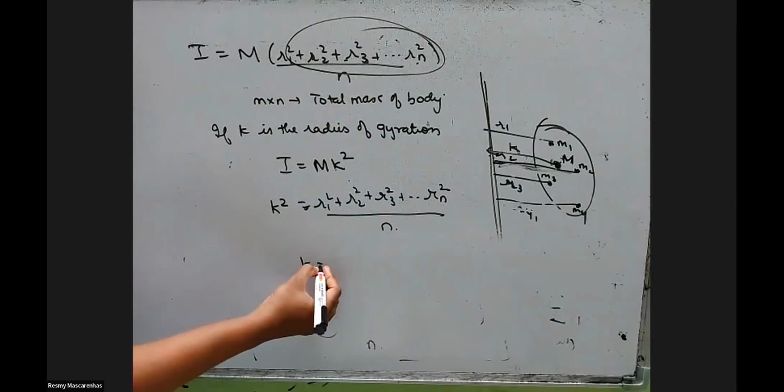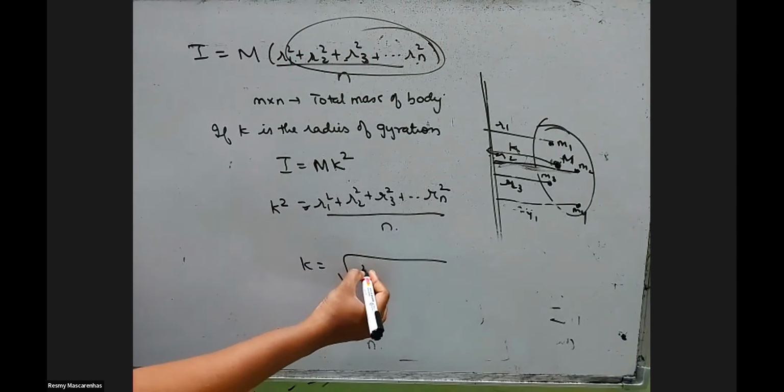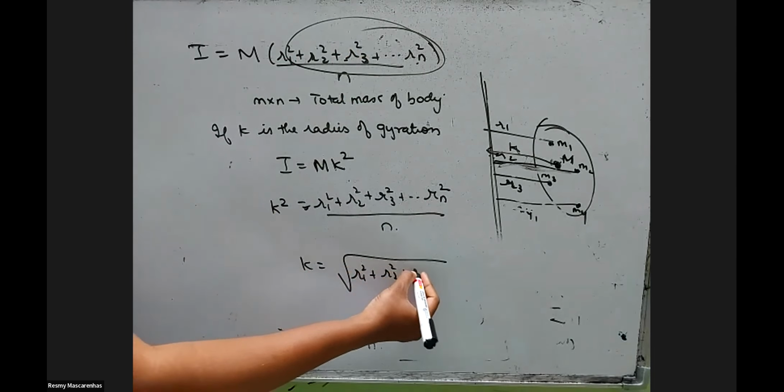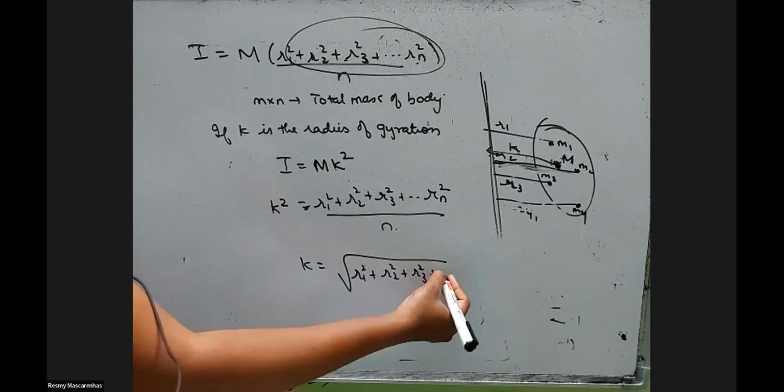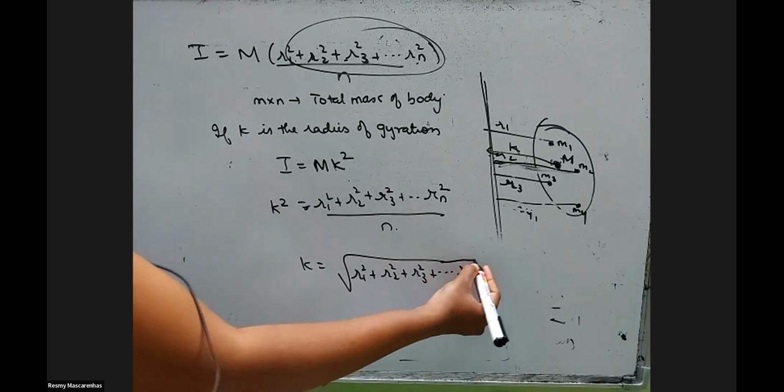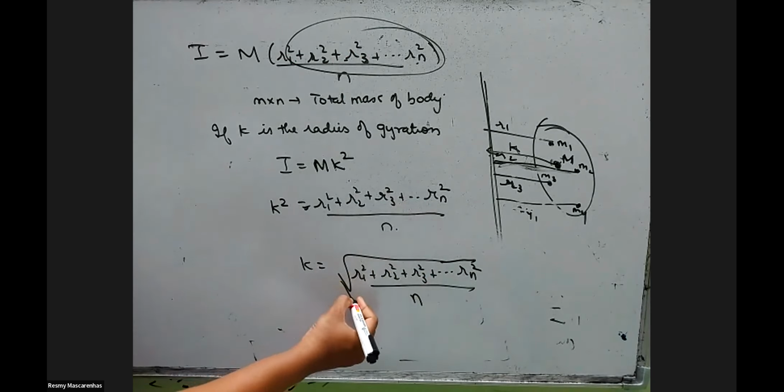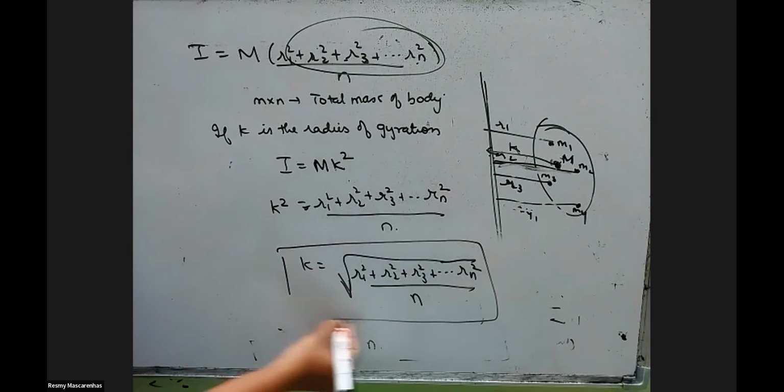So K is the root of the sum of the squares of all the distances upon the total number of particles. This is the formula for radius of gyration.